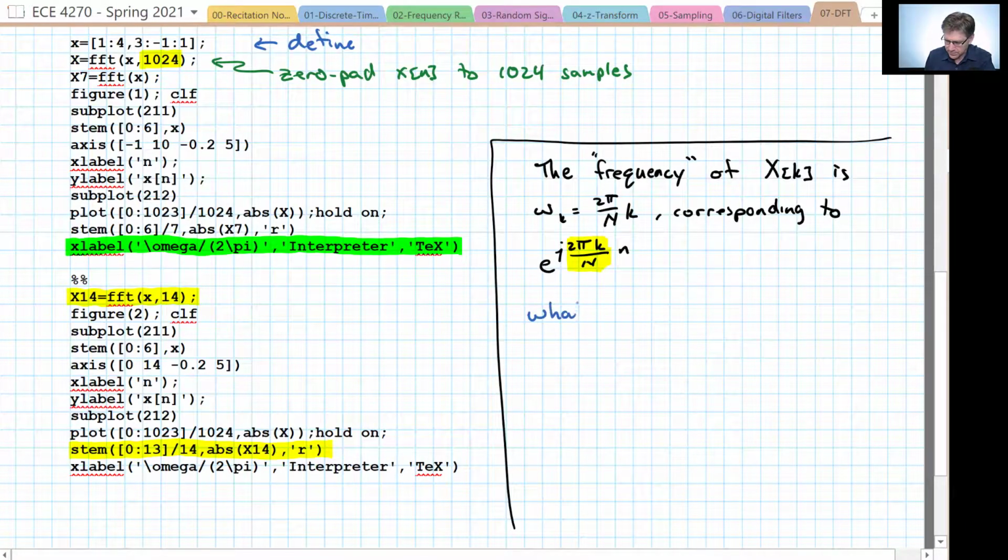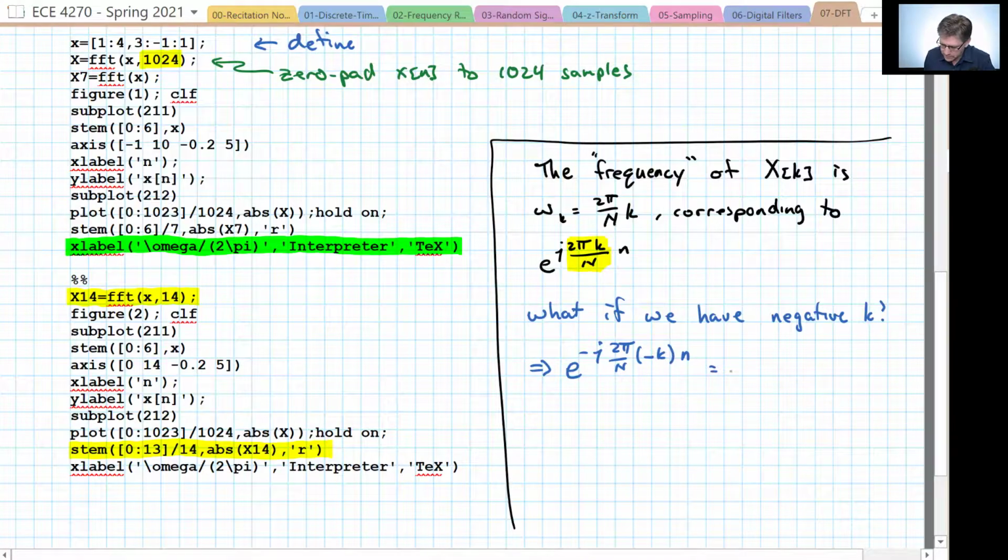Obviously, we have negative frequencies in the DTFT. So let's just look at what happens if we take a positive k and we make it negative. So we would get e to the negative j 2 pi over N negative k times n. This is e to the negative j 2 pi over N kn with the negative out front.